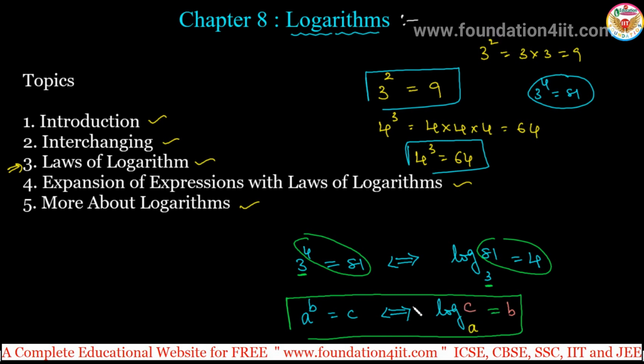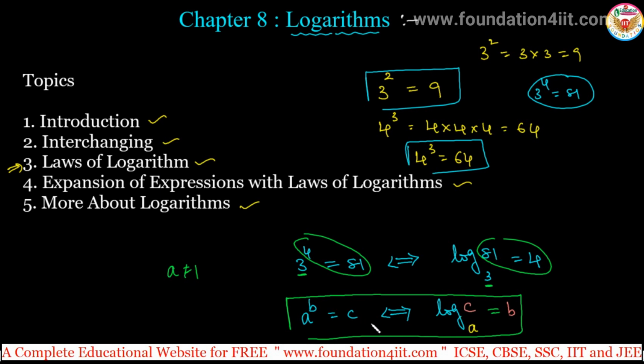Here a, b, c are three real numbers and a is not equal to 1. If a power b is equal to c, then b is called the logarithm of c at the base a and is written like this: log c to the base a is equal to b. And logarithmic form to exponential form, the conversion and the problems we will see now.